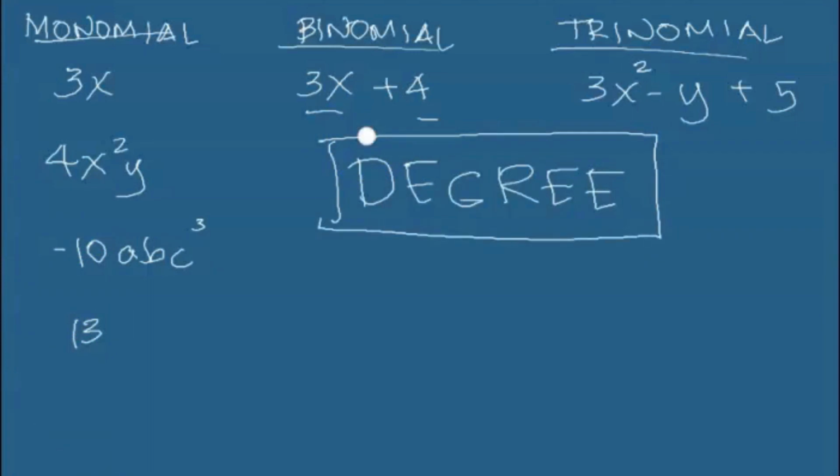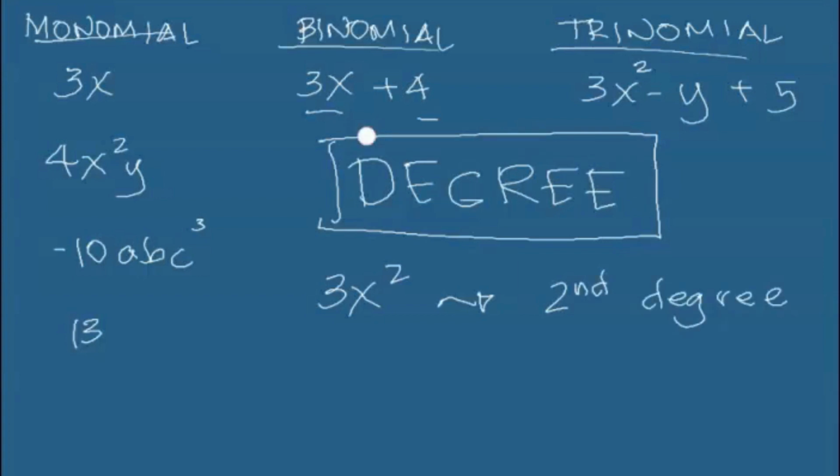Now, what about degree? What is the degree of a polynomial? So the degree of a polynomial with only one variable, let's say 3x squared, it is the largest exponent of the variable. So in this case, 3x squared with only x as the variable, the degree is second degree.